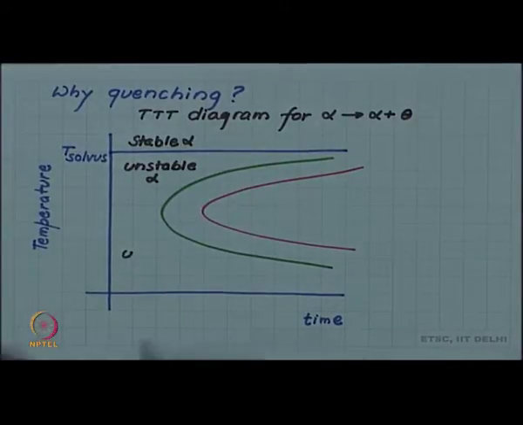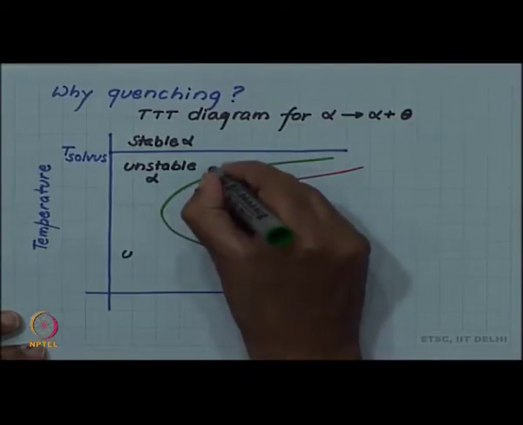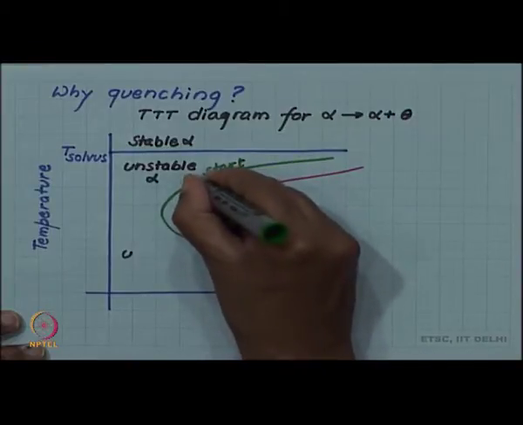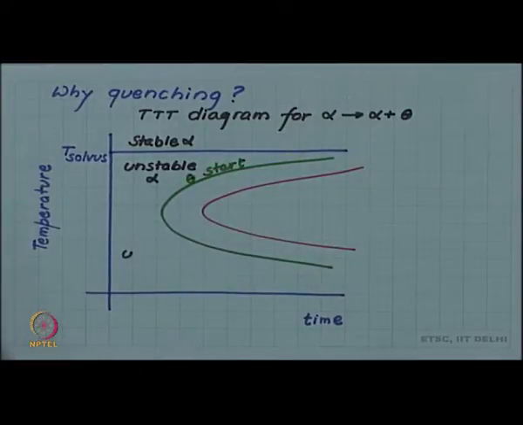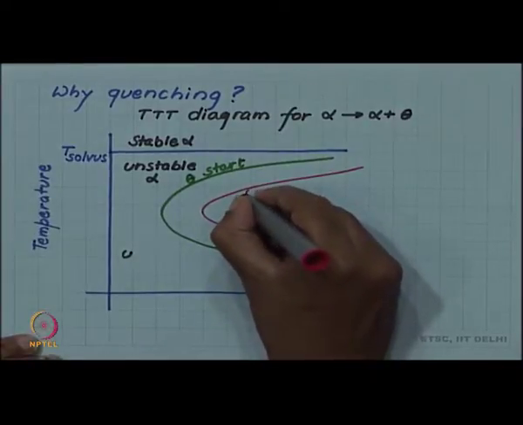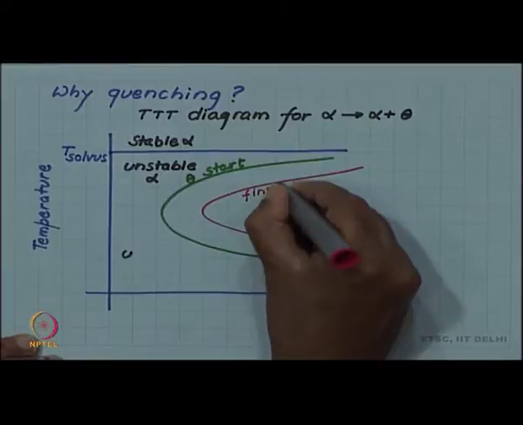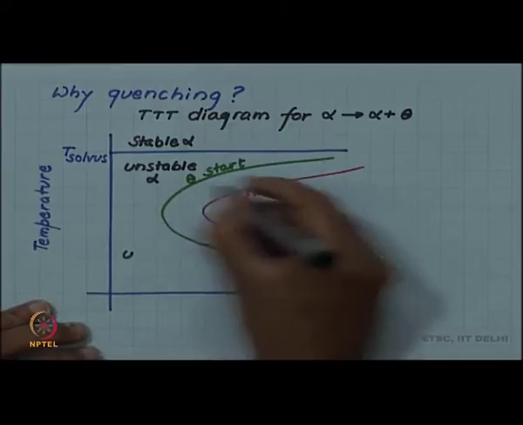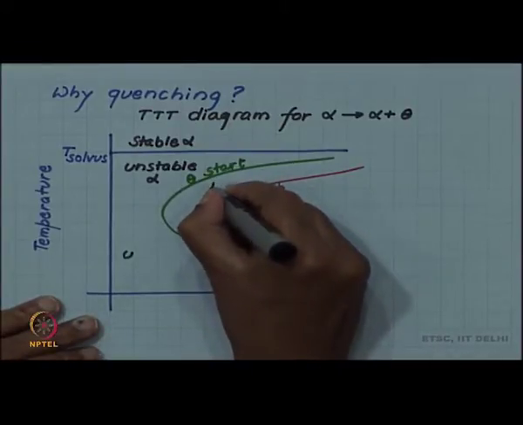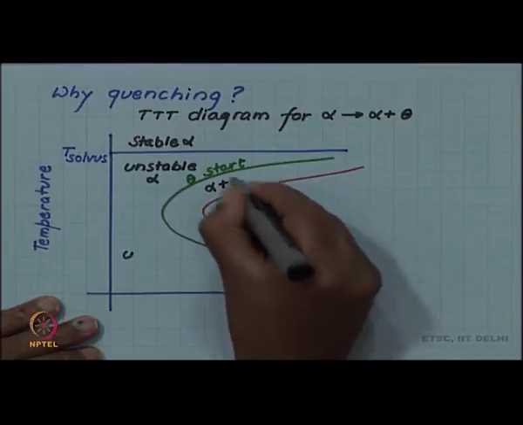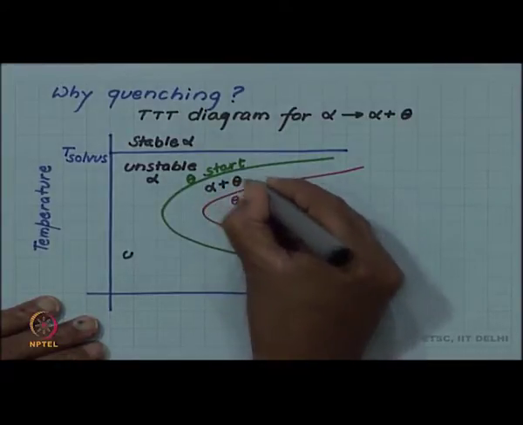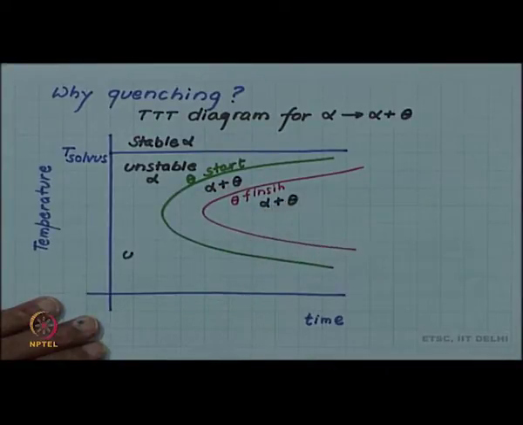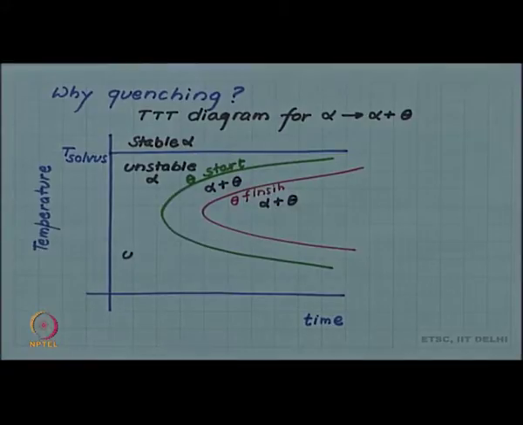So, the green C curve gives you the start of theta and the red curve gives you finish of theta. So, in between you will have alpha plus theta, finally also you will have alpha plus theta, but the amount of theta will keep increasing.